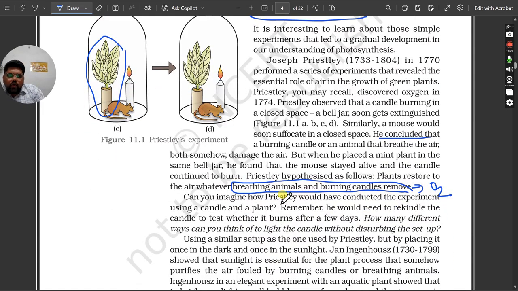Can you imagine how Priestley would have conducted the experiment using a candle and a plant? Yes, the same way as mentioned here. Remember, you would need to rekindle the candle to test whether it burns after a few days. These are simple questions you can always think about.